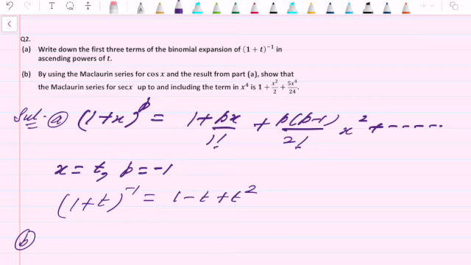Now part B. By using the Maclaurin series for cos x and the result from part A, show that the Maclaurin series for secant x up to and including the term in x raised to power 4 is 1 plus x squared by 2 plus 5x4 by 24. So in the second part, we have to use part A. Secant x is the reciprocal of cos.